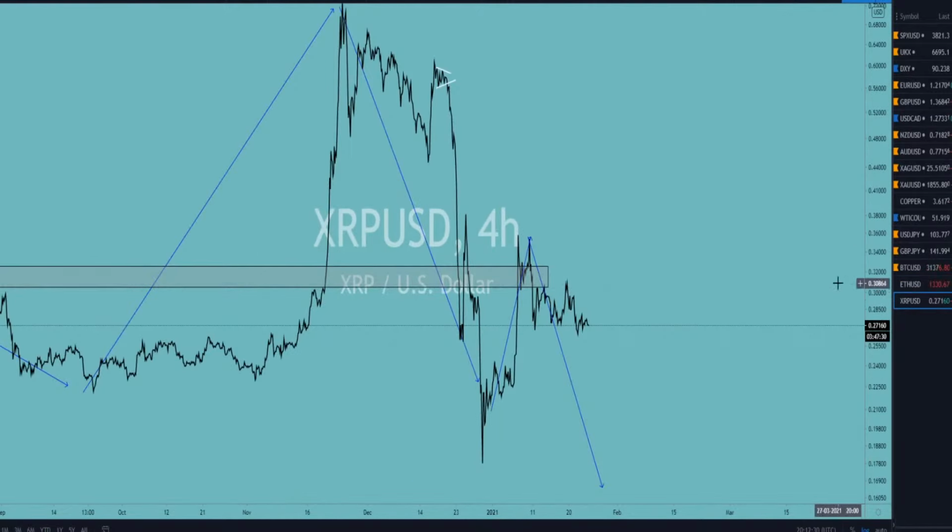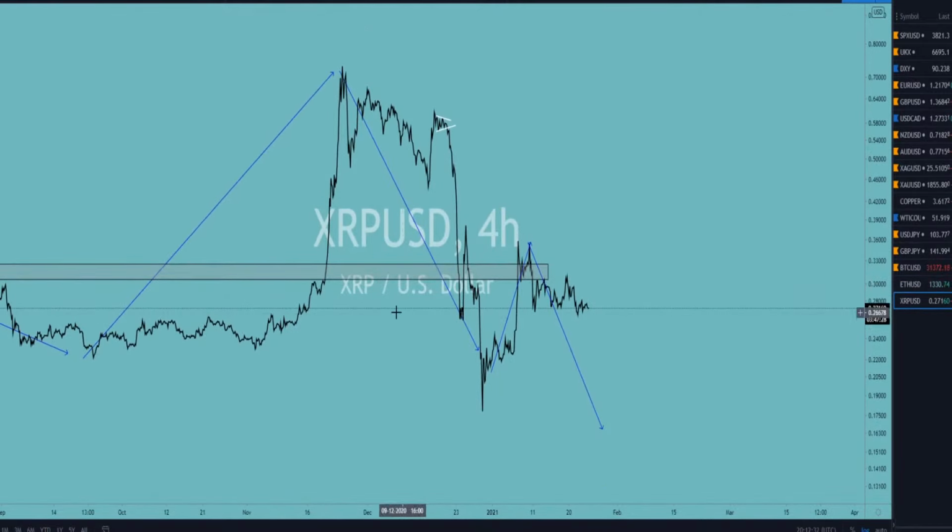For XRP, I suggest stay away from it. Maybe I will take it away from the analysis. Okay. If you want to trade it, same concept. There was a trade, where was it?